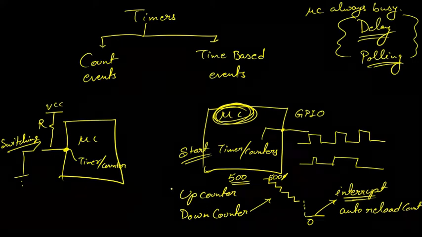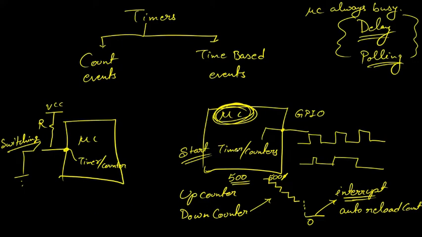Up counter: what we will do, we will enter a number into the timer. The microcontroller will enter a number into my timer, and the timer will start its journey from 0 and keep on incrementing the count, just like a delay, and it will reach the terminal count.